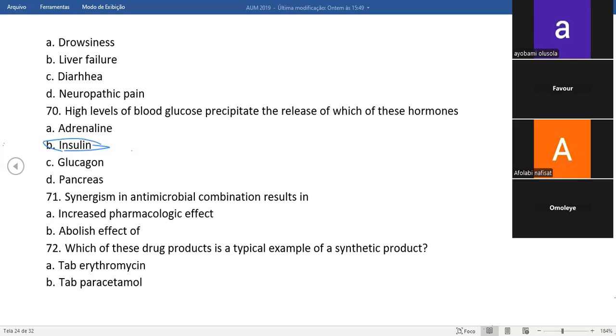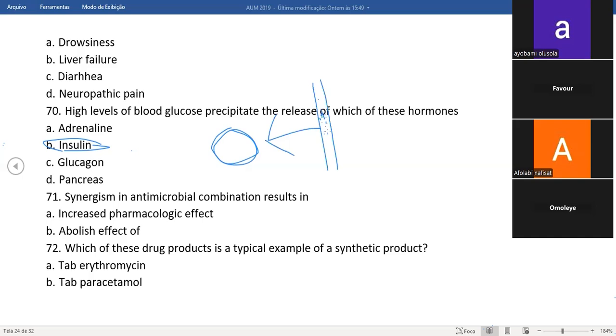This is what insulin does. If this is your body cell, and if this is your blood vessel, and in your blood vessel you have glucose, what insulin does is that it ensures the movement of glucose into the body cells. It ensures that glucose moves from your blood vessels inside the body cell.